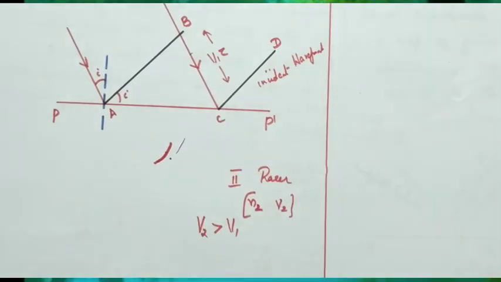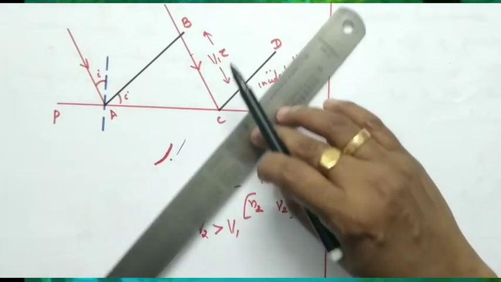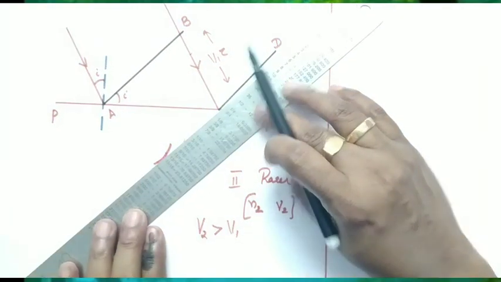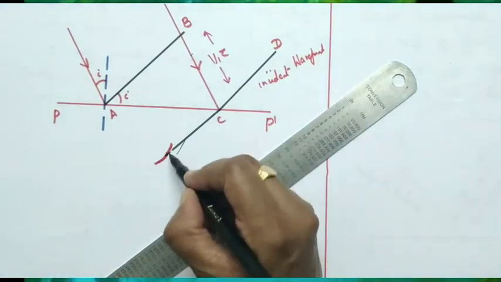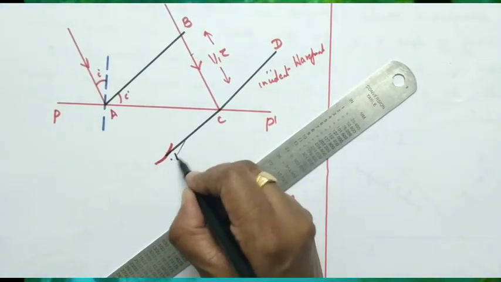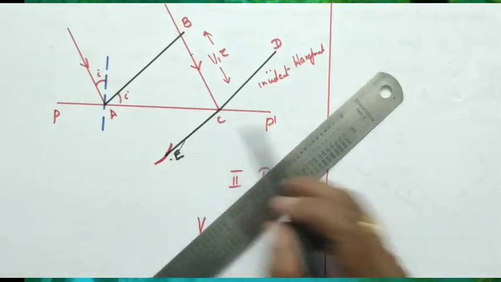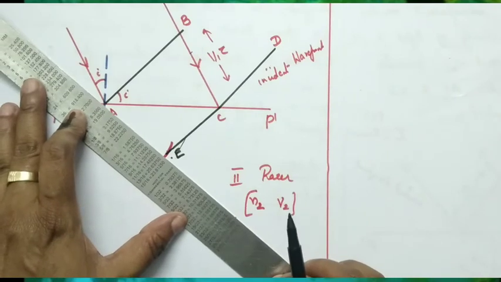Now, as before, draw a tangent from C onto the sphere. Let the point be E. EC represents a tangent from C onto the sphere.